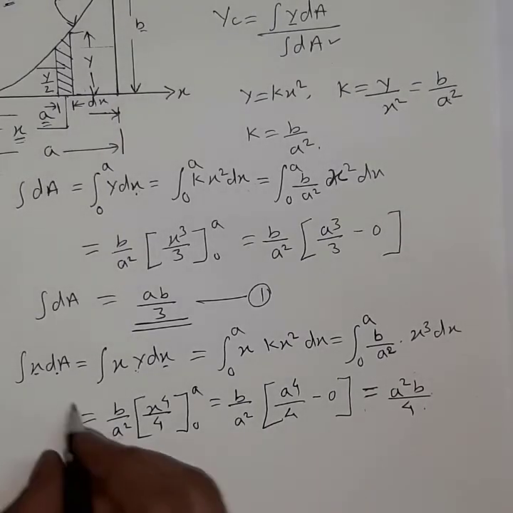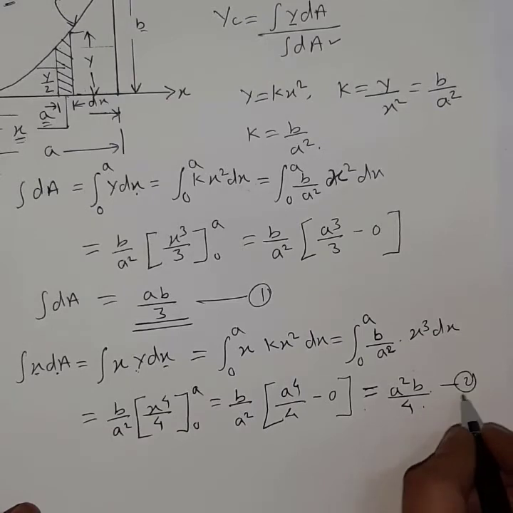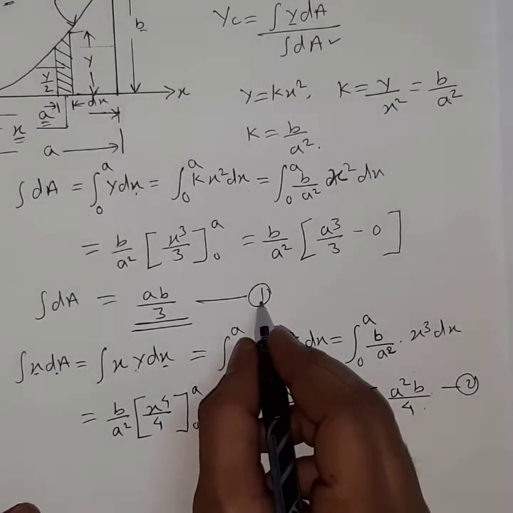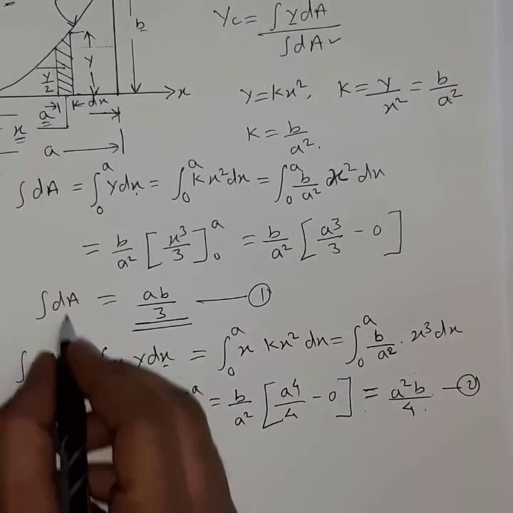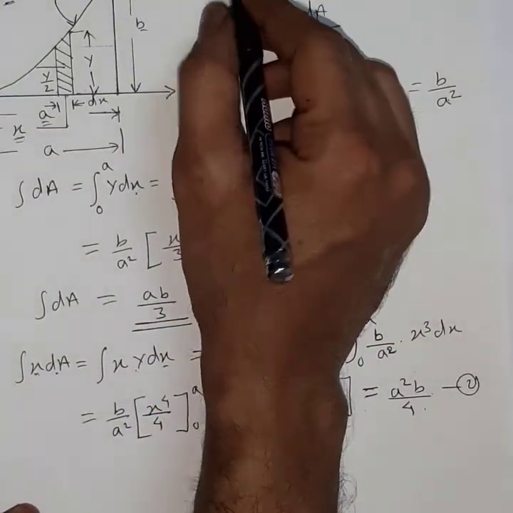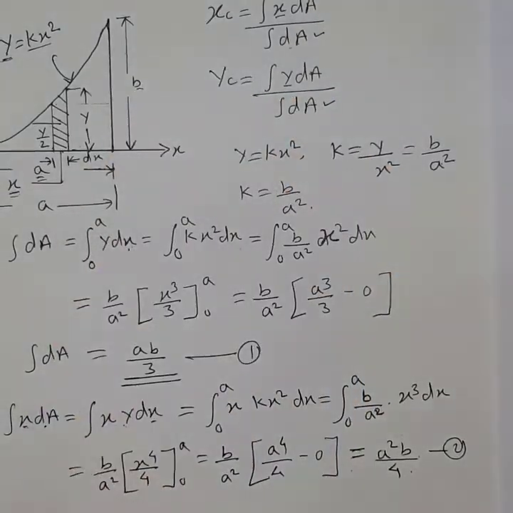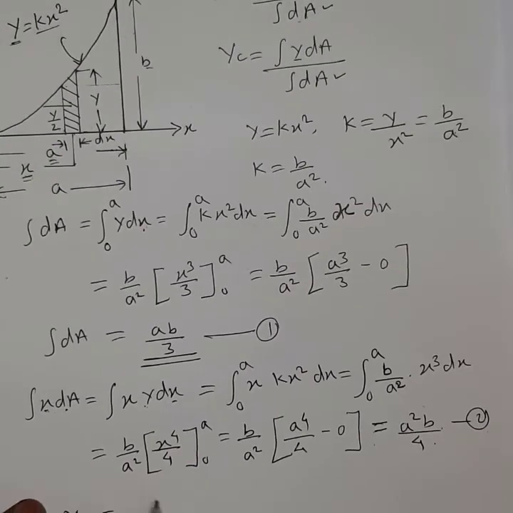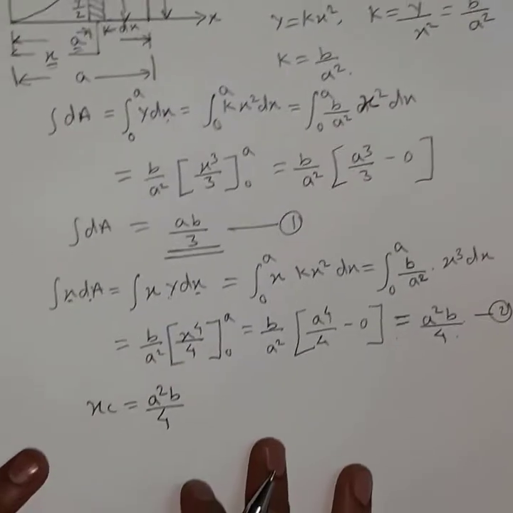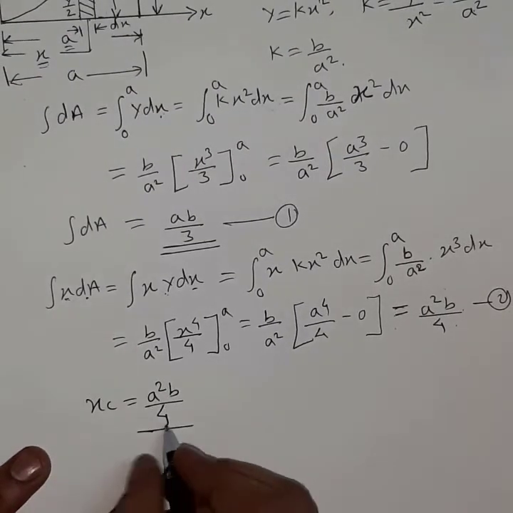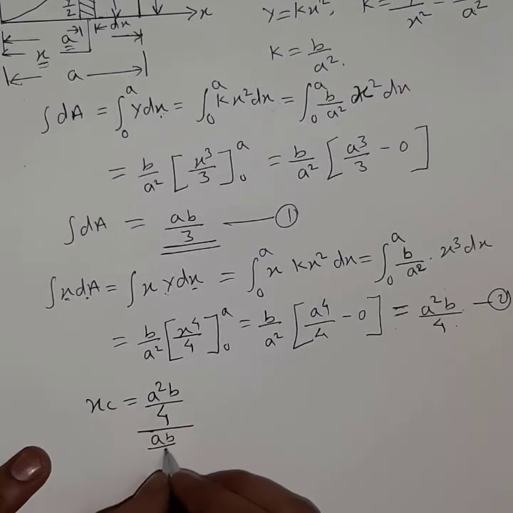We can name this equation number 2, so dividing equation 2 by equation 1, that will be integration x dA divided by integration dA, and that will be the value of xc. Therefore xc is equal to a square b by 4 divided by dA, which is ab by 3.